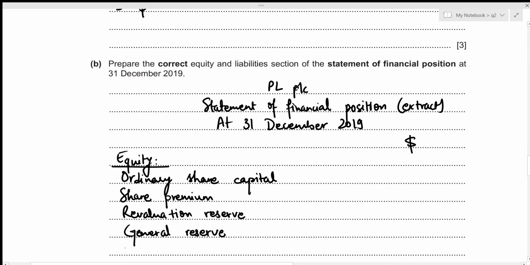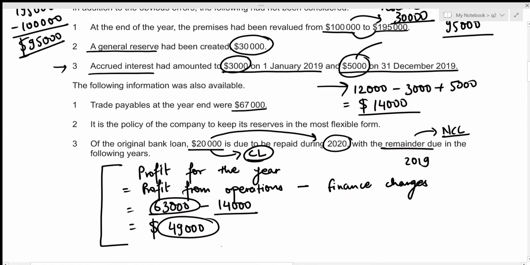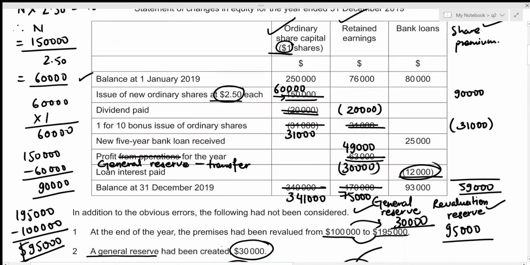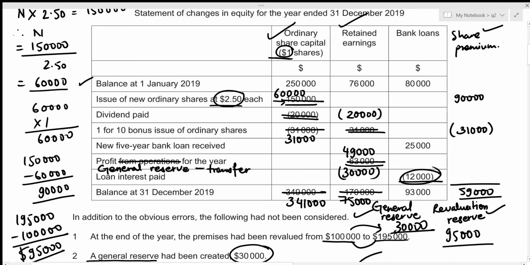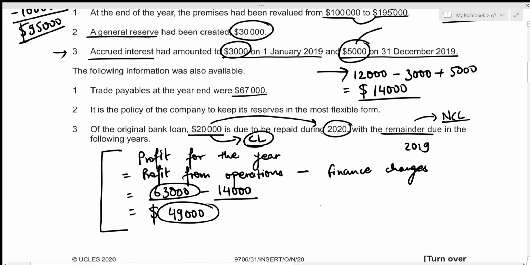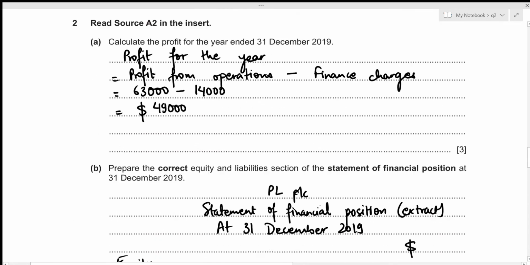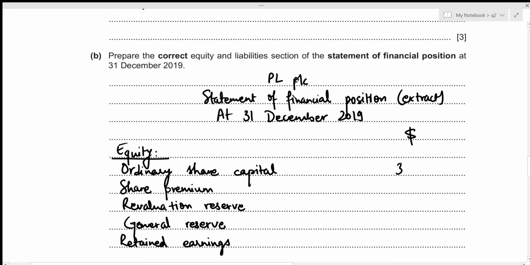And the last one was retained earnings. Okay, now let's have a look above to figure out its values. So the total of ordinary share capital, or the balance at 31st December 2019, was 341,000. Let's write it down. That's 341,000.